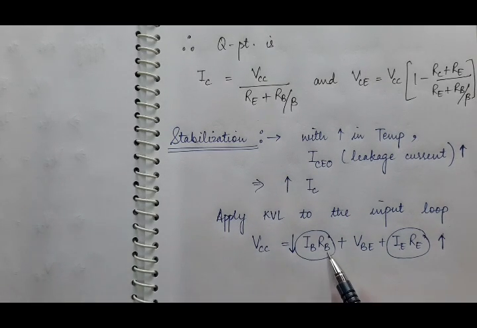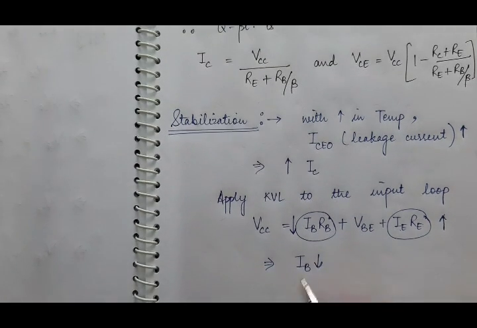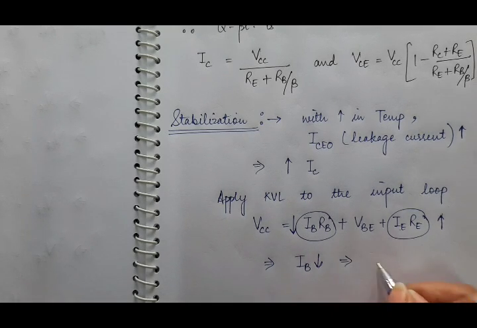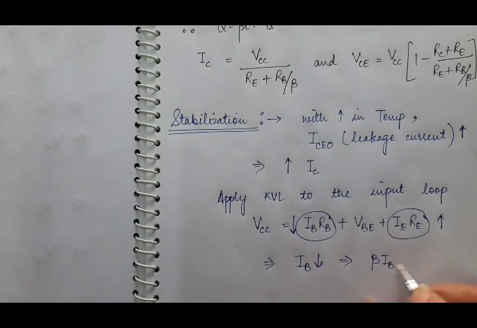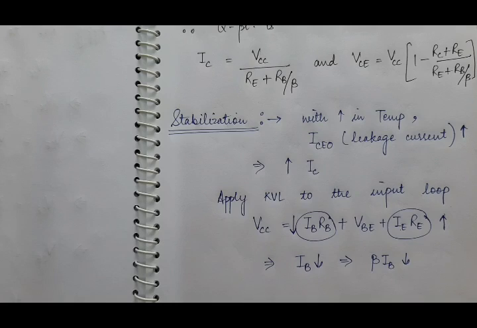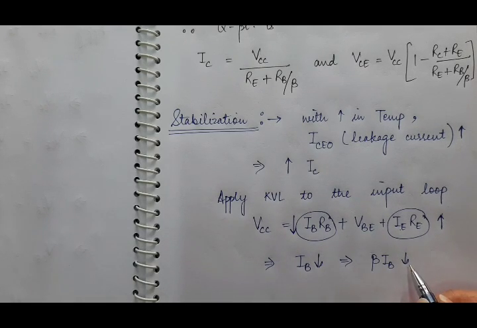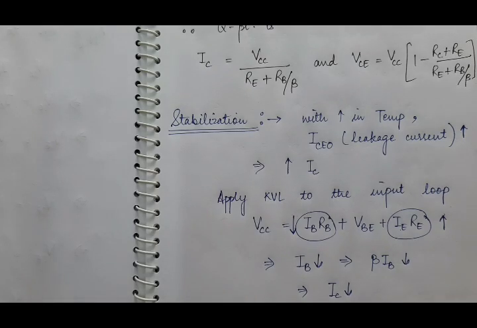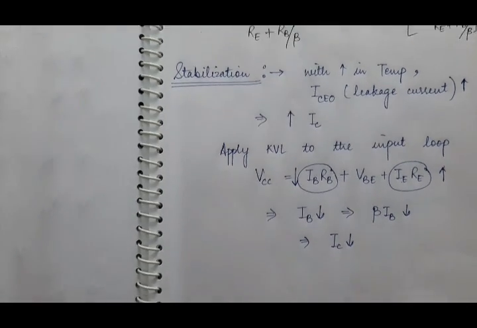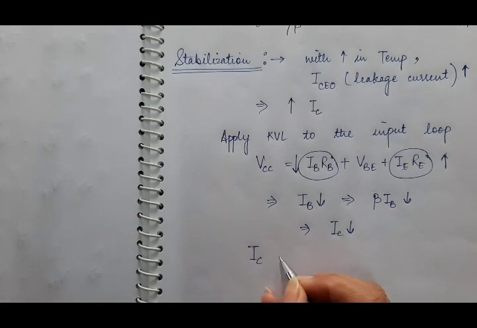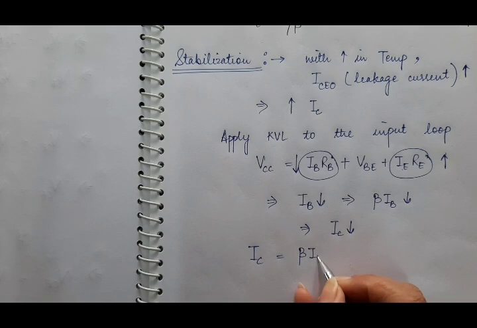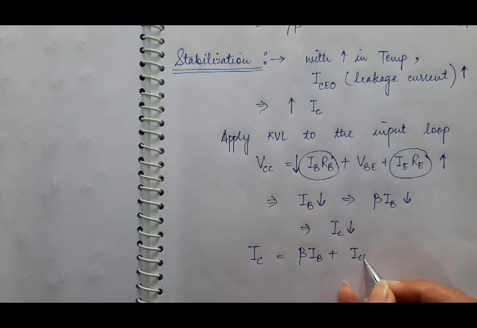Now the value of RB is the same. It means IB will decrease, and if IB decreases, this implies the beta IB factor will decrease, and this will decrease the collector current. Our total collector current is the sum of beta IB factor and the leakage current.